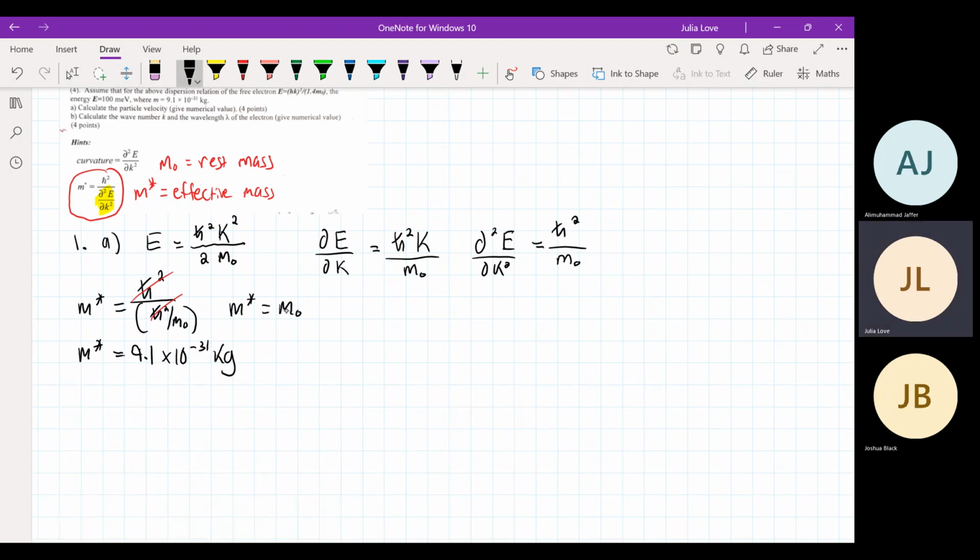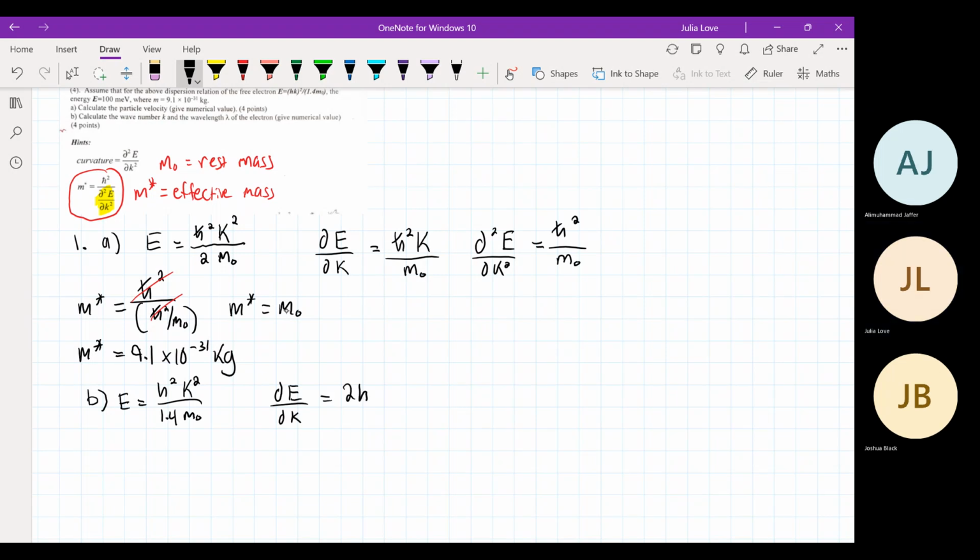Now for part B, it's the same thing, but now we're given a different relationship of energy. Notably also here, this h is not the one with the cross through it, so it is defined differently. So taking the first derivative of this with respect to k, we're given this relationship, and then take the second one so we can plug it back into that equation.